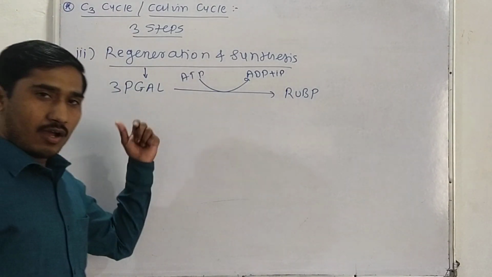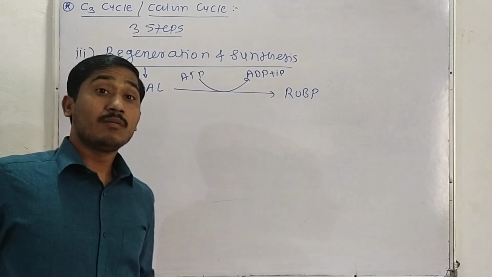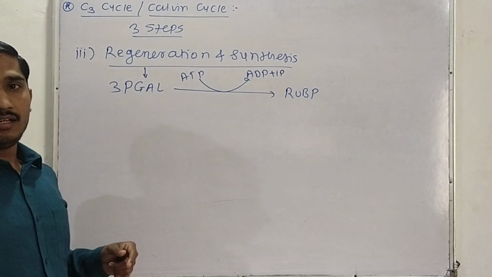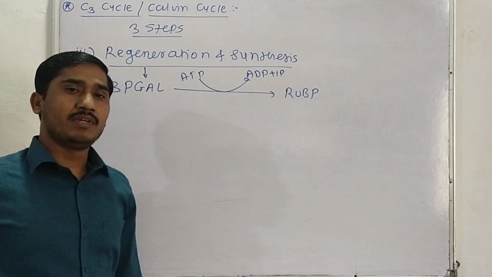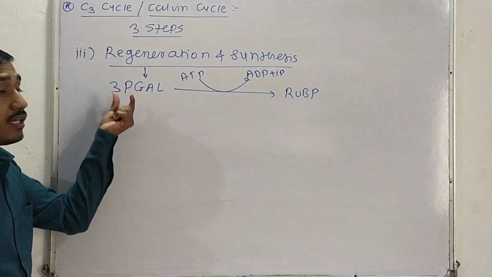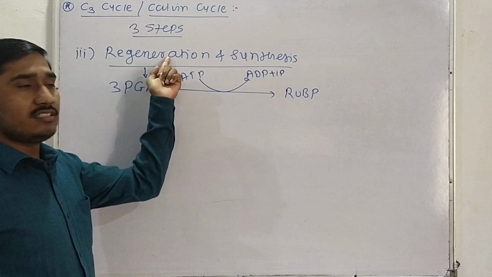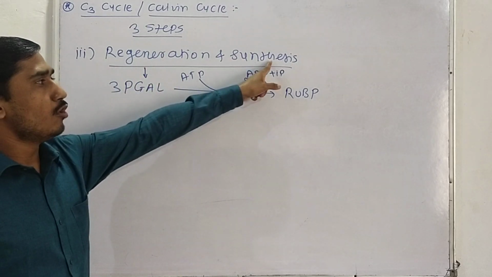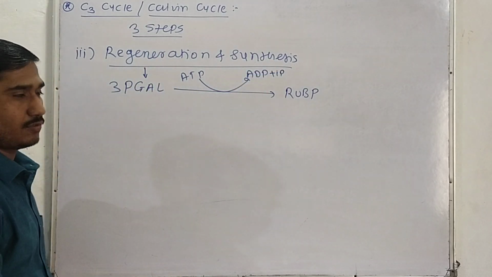Now, how many PGAL are produced in the Calvin cycle? 12 molecules of PGAL are produced. Out of these 12 molecules, 10 molecules are utilized in the regeneration process and 2 molecules are utilized in the synthesis process.